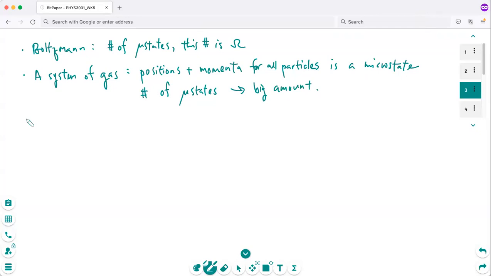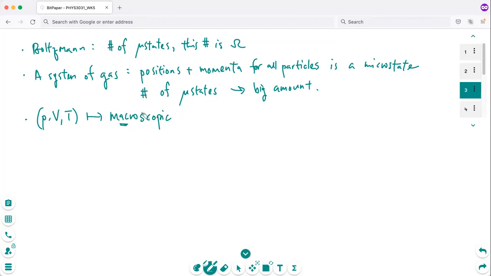Okay, and macroscopically, what do you have? If you look at this system macroscopically, what you want is to ask a different question. You ask, what is the pressure of the system? What is the volume of the system? What is the temperature of the system? So this describes the macroscopic, this is a macroscopic property.